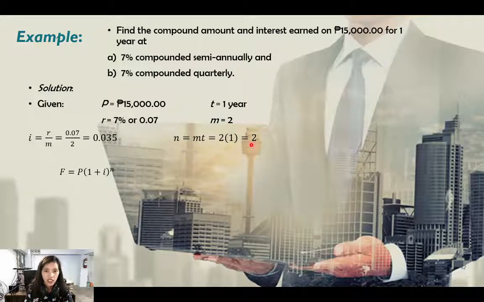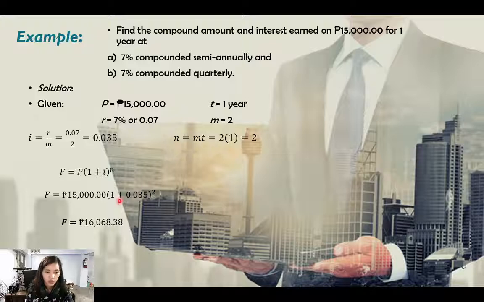Okay. Let's find the compound amount. F is equal to P times 1 plus I raised to N. Okay, P is 15,000 times 1 plus I, which is 0.035, raised to N, which is 2.